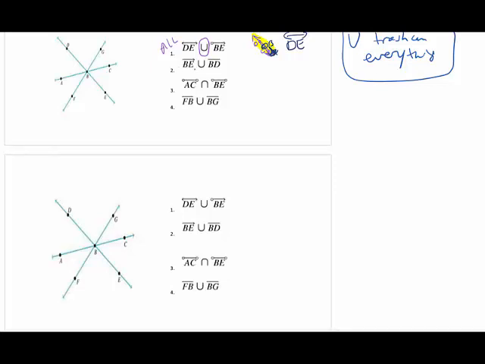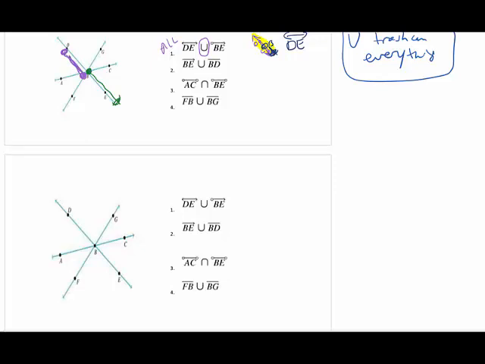So number 2, I have the ray BE. I start at B, so I'm going to color it in so it's really clear, and I go towards E. And I am doing the union with the line segment BD. The line segment BD means start at B, and we're going to color it in as well, and I'm just kind of doing it to the side so it's super clear.